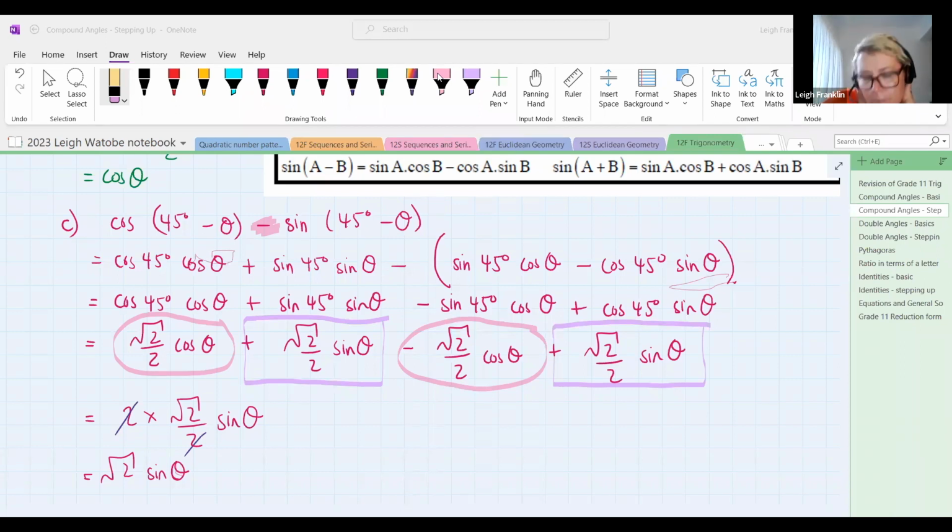Ma'am, instead of multiplying the root 2 divided by 2 sine theta, I just added the root 2 divided by 2 sine theta to the other one. Yes, absolutely. Because if you add something to itself, it's the same as timesing it by 2. So yeah, not a problem. Thank you, ma'am. Not a problem at all.